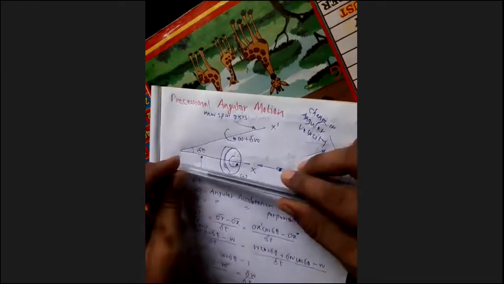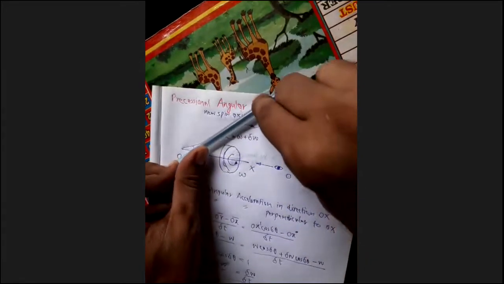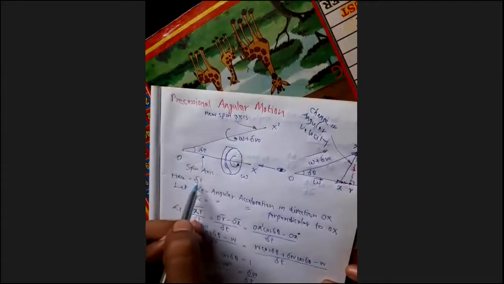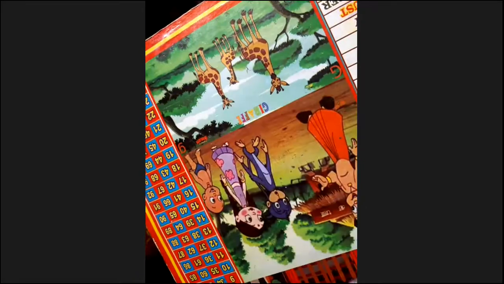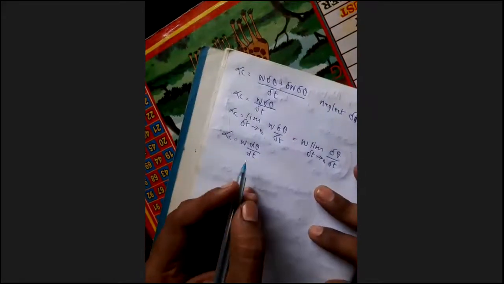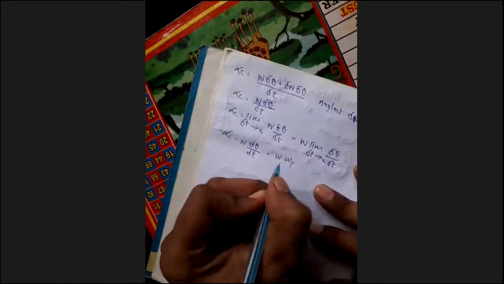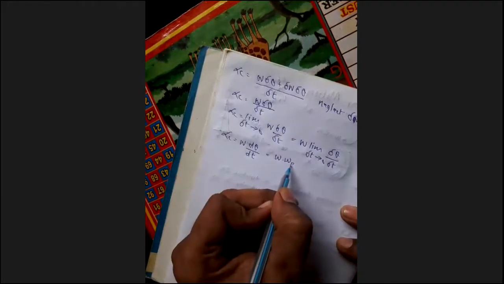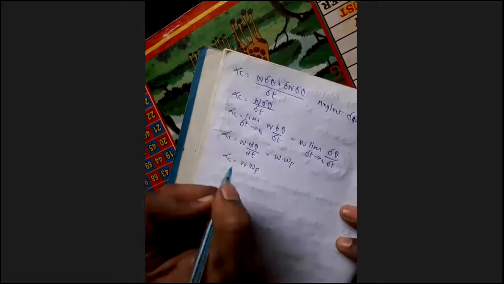Now this is the spin axis, and it is rotating this way. So the velocity with which the spin axis rotates is given by delta theta by delta t, the rate of change of angular displacement. This term delta theta by delta t represents the velocity with which the spin axis rotates, and this is called omega p. So alpha c is equal to omega into omega p.